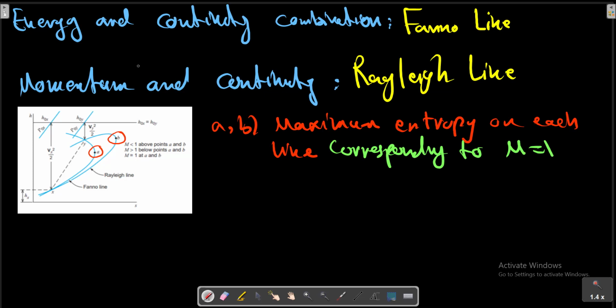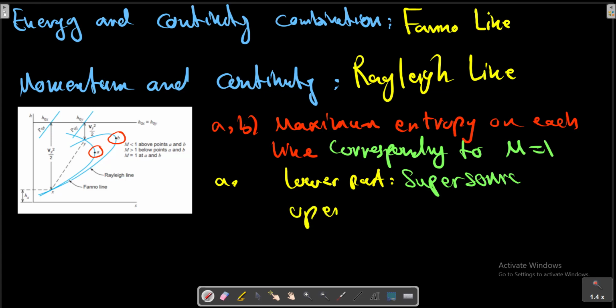The lower part of each line corresponds to supersonic velocity, and the upper part to subsonic velocity.